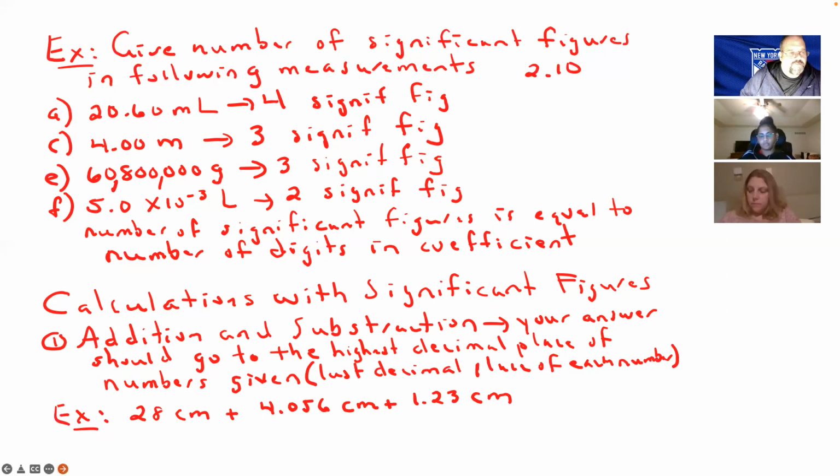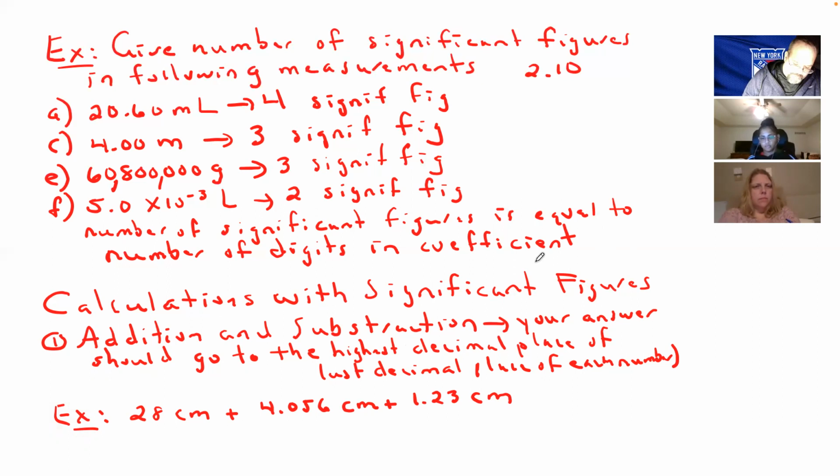And let me tweak the definition a little bit, just to make sure we're totally clear. Okay. So the answer should go to the highest decimal place of the last decimal place of each number. So let's really clarify that.